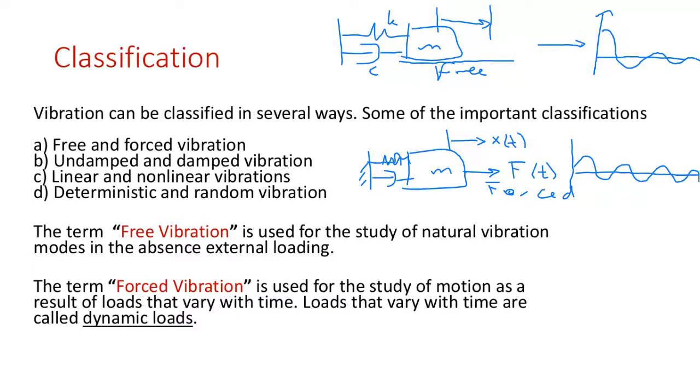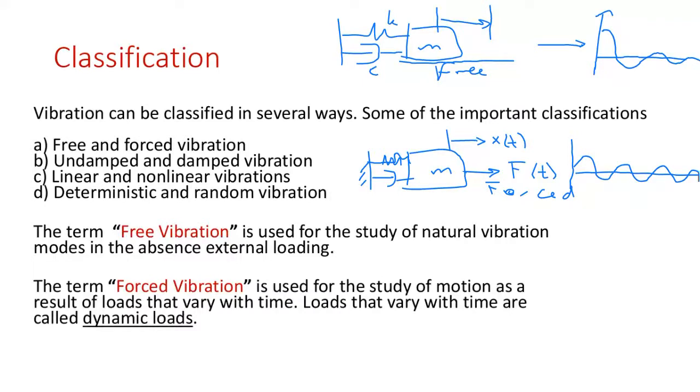You might have damped or undamped vibrations. If there is no damping, then there is no energy dissipation, and there is always the problem of resonance there. Resonance is more dangerous when you have undamped vibrations. You might have linear and nonlinear vibrations, but in this class we will just be studying linear vibrations.